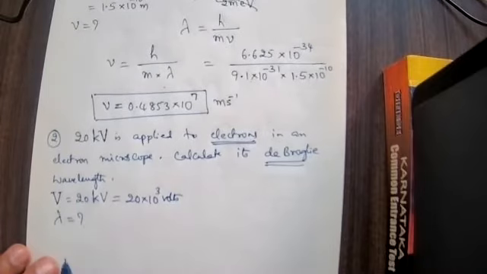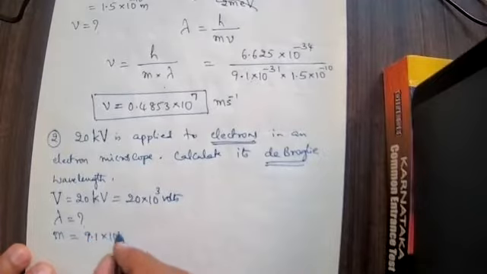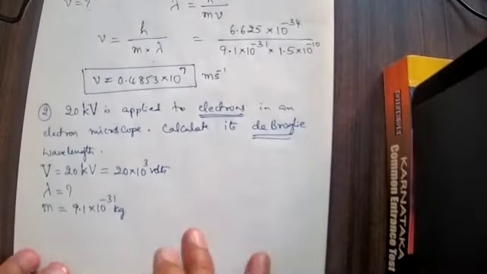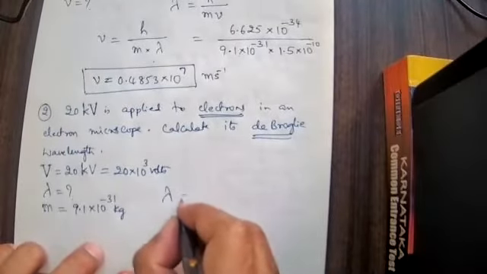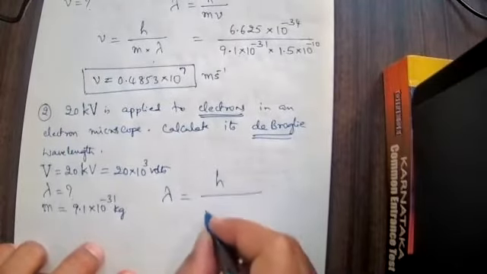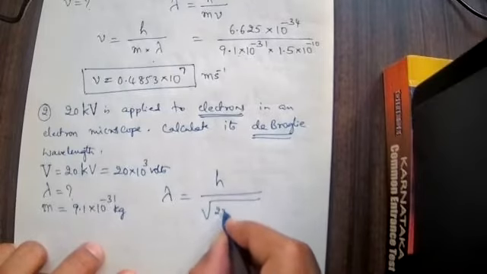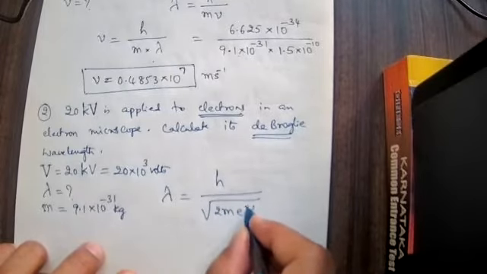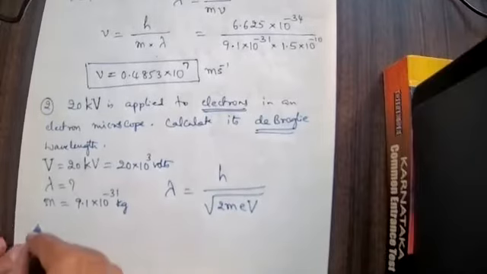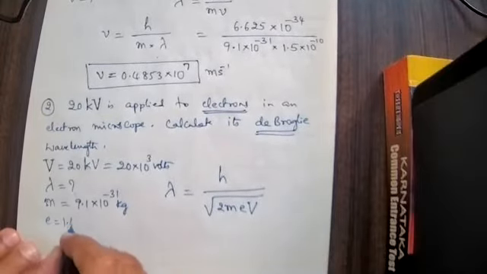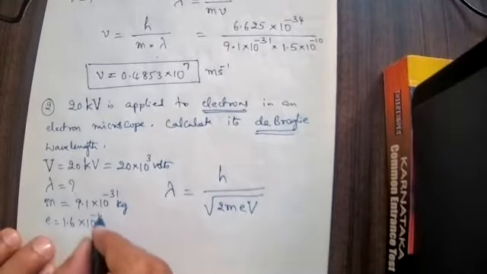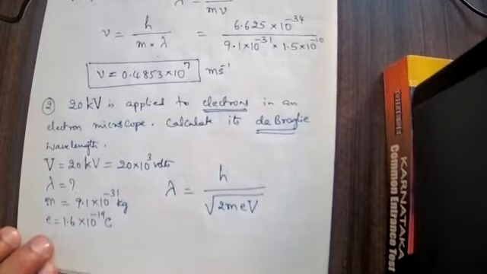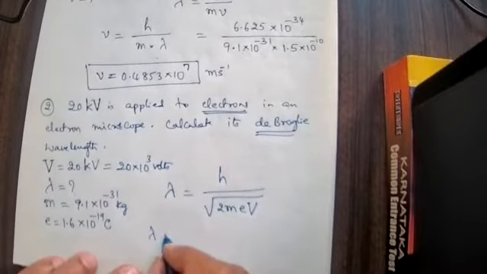Since it is an electron, the mass is 9.1 times 10 to the power minus 31 kg. So use the formula lambda is equal to h divided by square root of 2 meV. Electron charge, you are aware of that, 1.6 times 10 to the power minus 19 coulomb. So substitute and get the answer here.